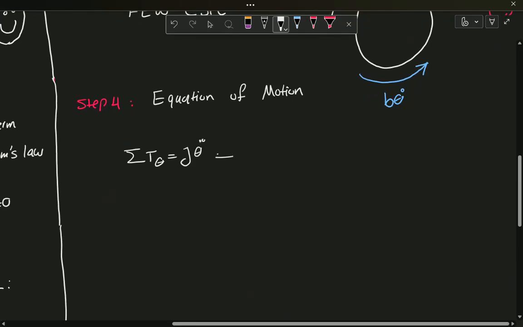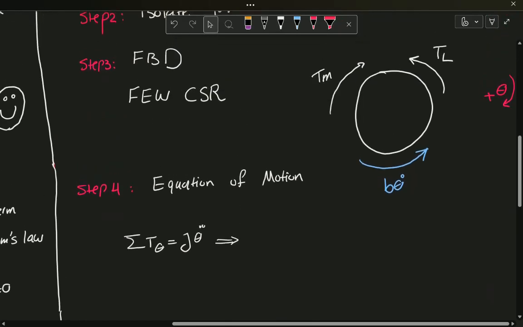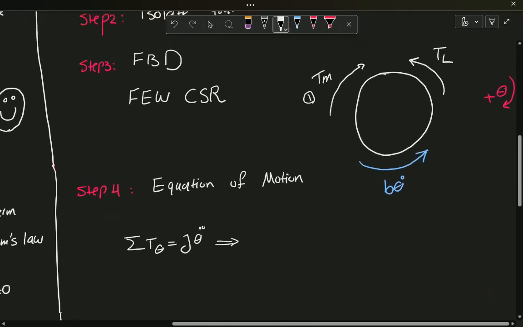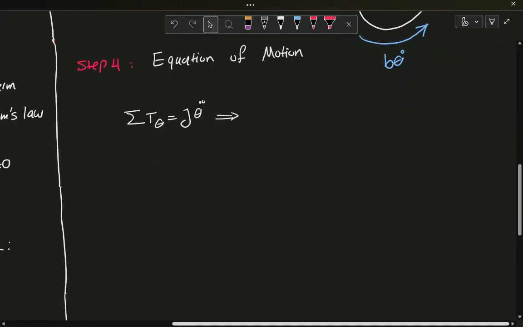For this problem, you see that I have 1, 2, and 3 torques. Tm is positive theta direction. TL and b theta dot are negative theta direction. So let's put them here: Tm minus TL minus b theta dot equals J theta double dot.